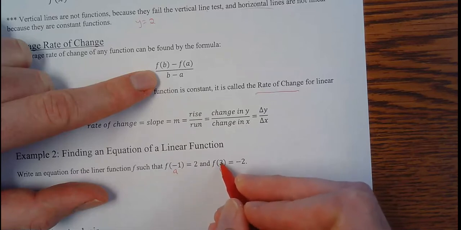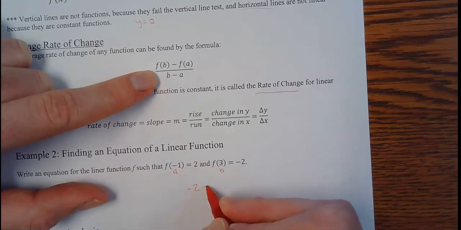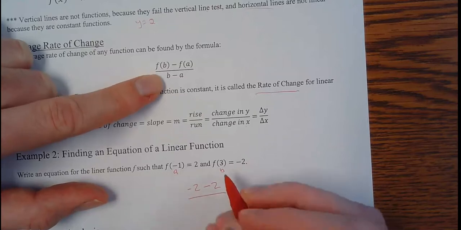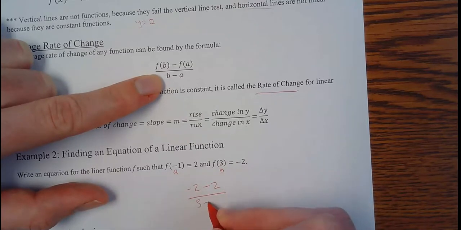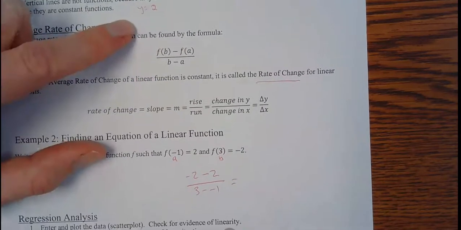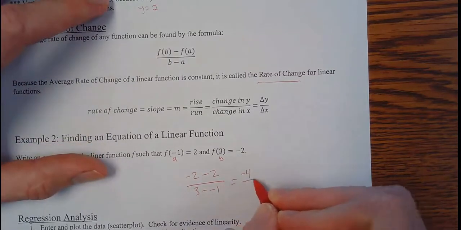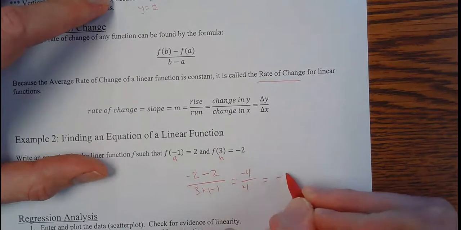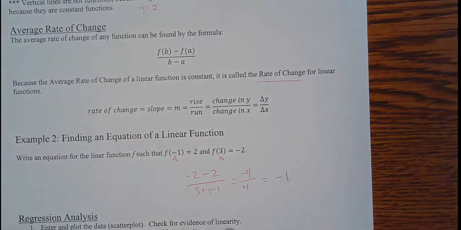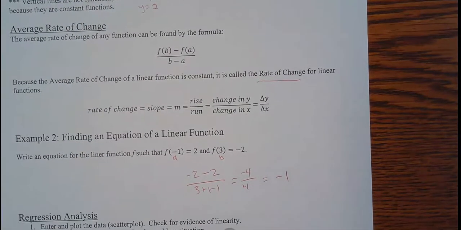So f of B, if that's B, would be -2 minus 2 over, and then B minus A would be 3 minus -1. This is literally the same thing as y2 minus y1 over x2 minus x1. Just the notation is slightly different. This would be -4 over 4, which is -1. So the average rate of change, or the rate of change, or the slope would be -1 on this guy.